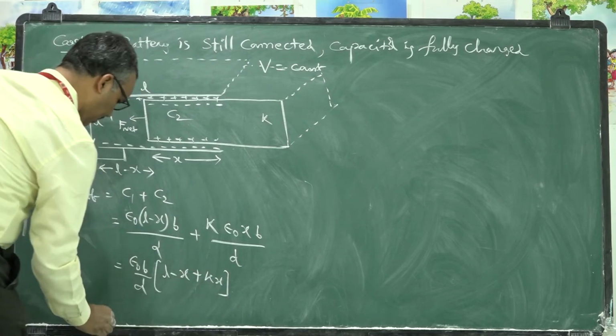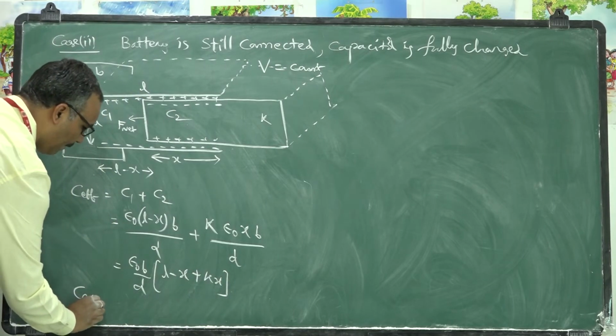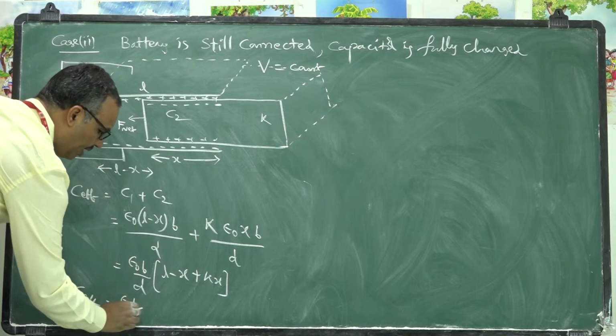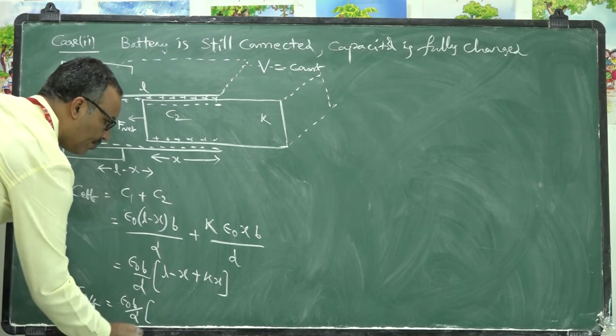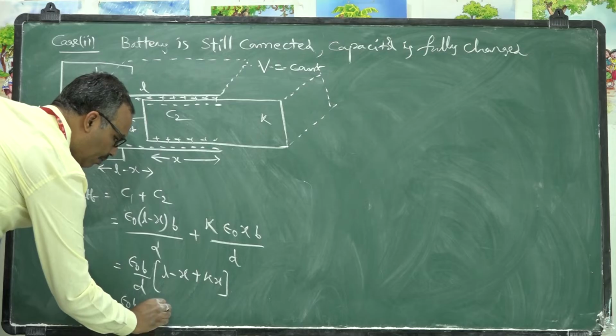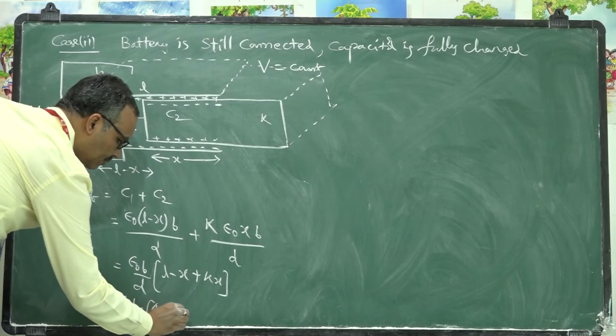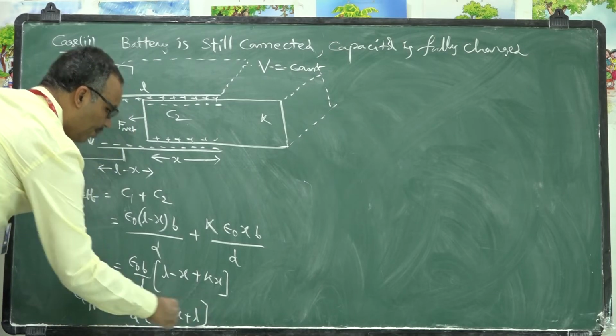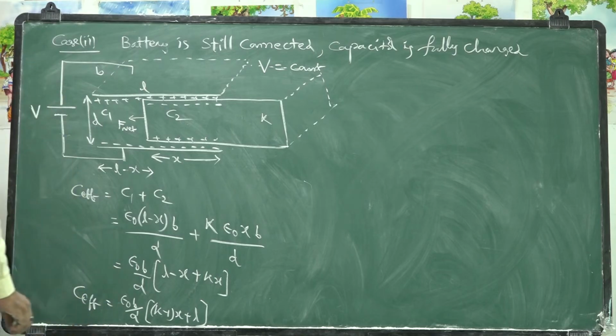That implies the effective capacitance is given by epsilon naught B by D into K minus 1 into X plus L. This is the effective capacitance.